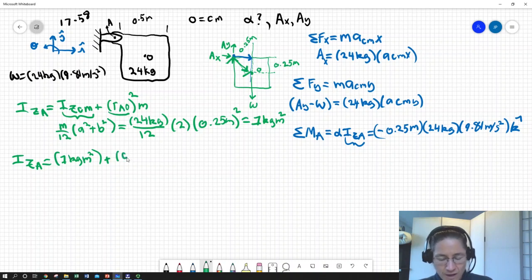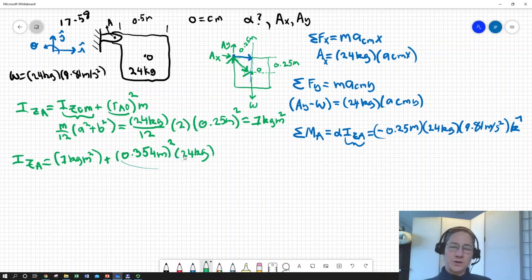If we crank through the Pythagorean theorem, we would end up finding that r equals 0.354 meters. So we're going to square that and then multiply by the mass again. As a review of the parallel axis theorem, this term accounts for the additional moment of inertia contribution for the center of mass being far away from the point of rotation.